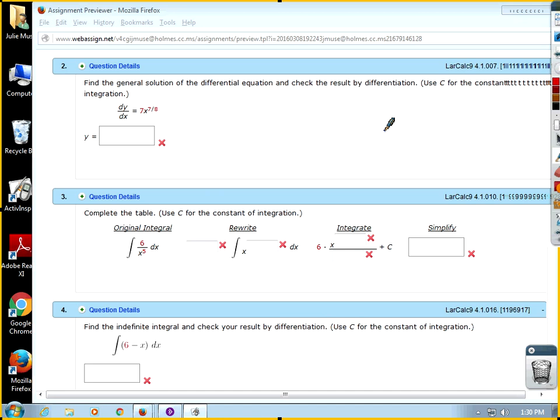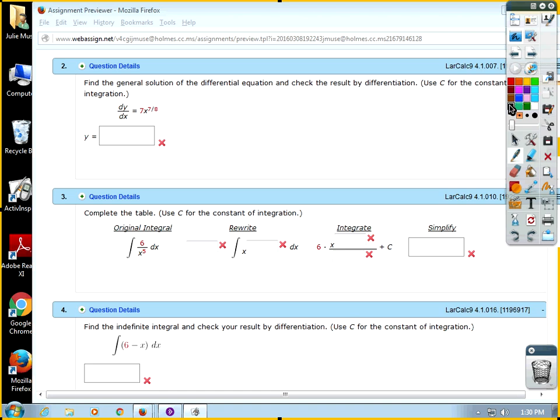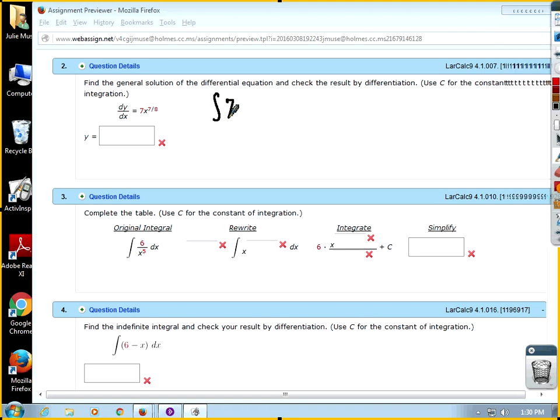So it's another one. We're finding the general solution of a differential equation and check the result by differentiation. Use C for the constant of integration. So we're integrating 7x to the 7/8 dx. I'm going to go ahead and put my dx over there. Sorry, my 8's very much a blob.